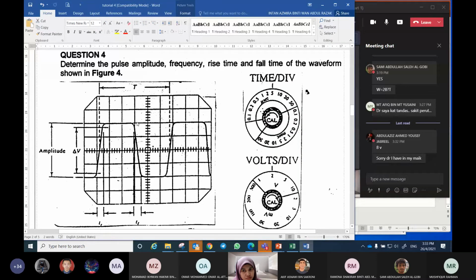Ma'am, it's the highest value of a signal. Peak. Okay. Peak. How many divisions? How many divisions for the vertical axis?